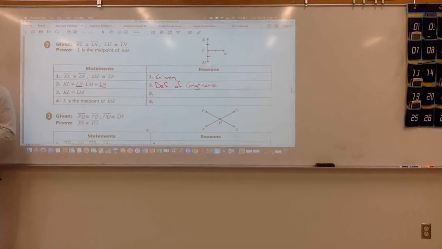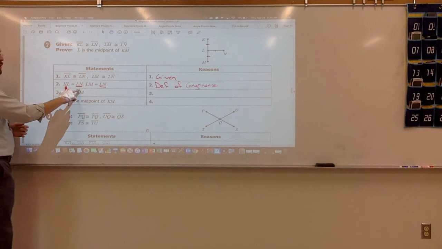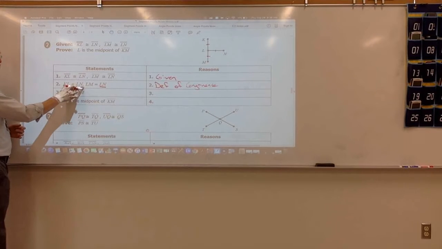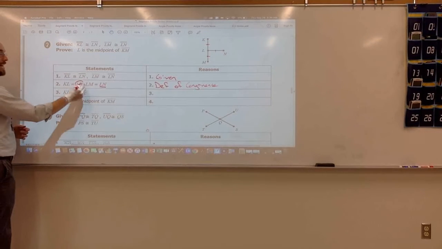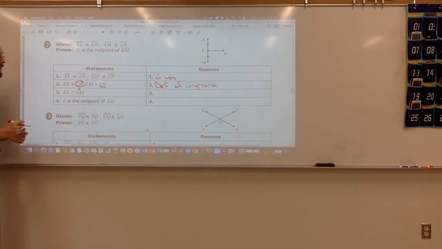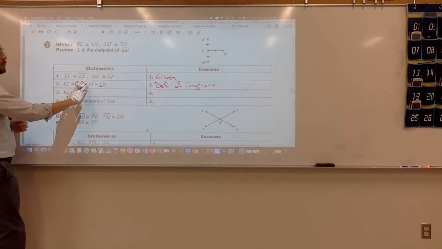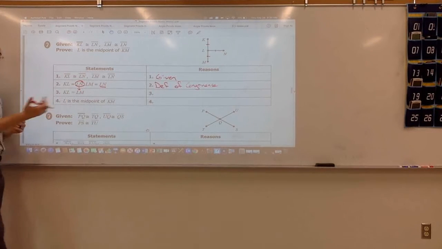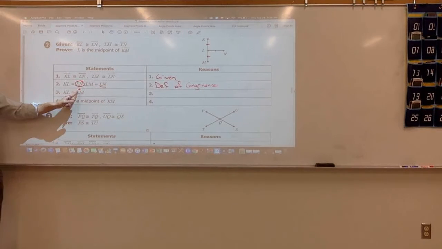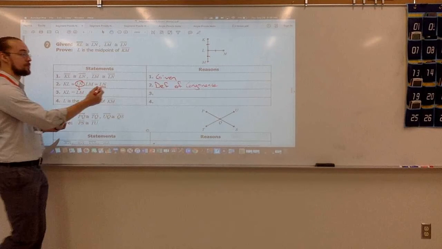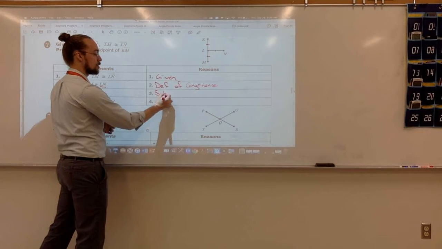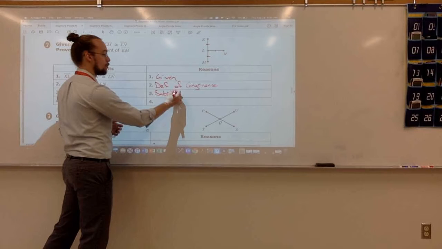That would work. If we look at this equation to this equation, LN just became LM. I'm allowed to do that because I know that those two things are equal. So we could say we substituted LM in place of LN. So substitution property would work here. There is actually another one that would work here.